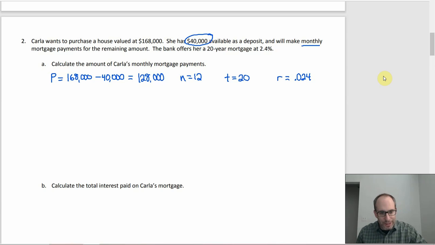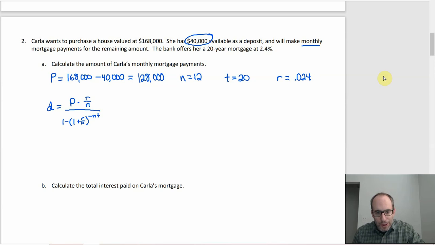All right, so then D, I guess this time, since it's not on the page, I'll rewrite what it is. It's P times R over N divided by 1 minus 1 plus R over N raised to the power of negative NT. And then we just have to sub everything in.